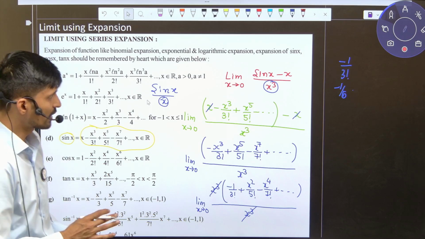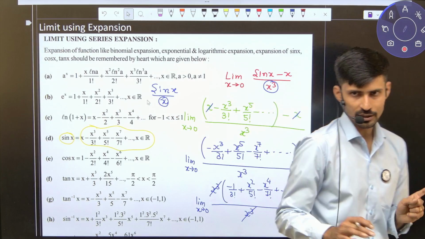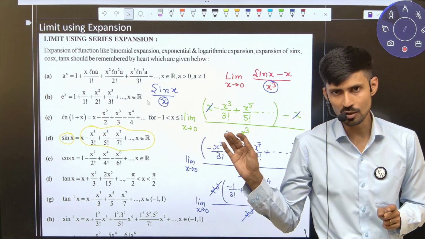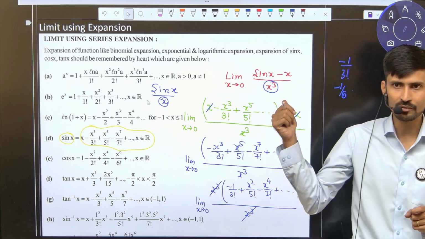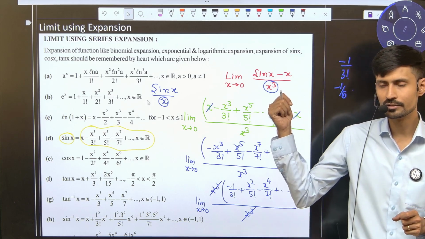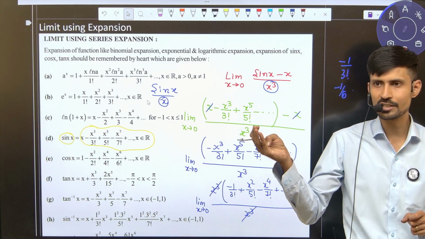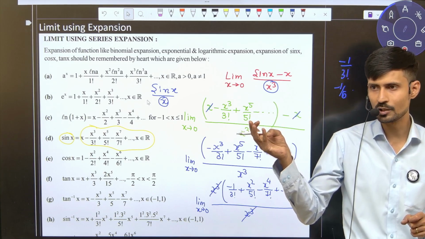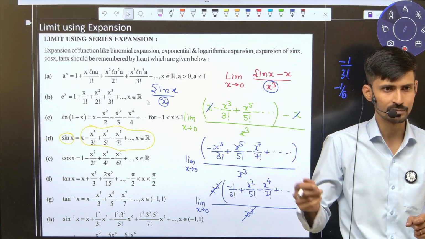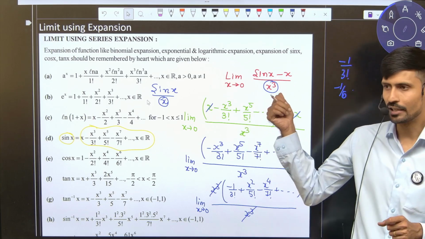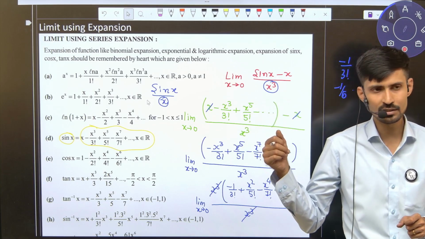So first of all, what I did, I saw the question. In that question I first remember which formula we'll use. So for using the formula, one is x raised to n minus a raised to n formula, second is trigonometry, third is exponential, fourth is logarithm. So I came to know here in this question trigonometry is present.